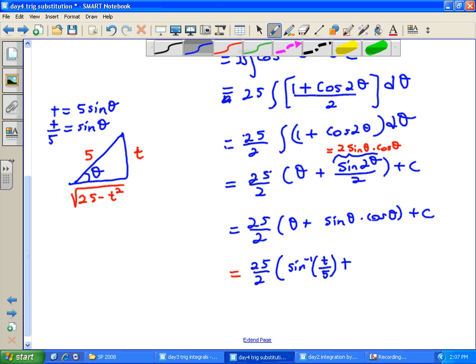Because I need to replace this sine theta up here in terms of its equivalent. So what is sine theta from the triangle? t over 5. That was easy. And how about cosine theta? From the triangle, what is cosine theta? Square root of 25 minus t squared divided by 5. And don't forget the plus c at the end.